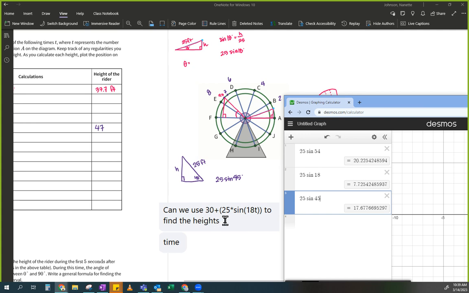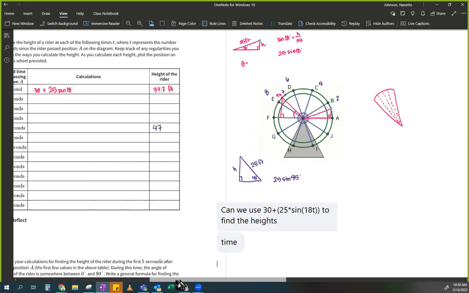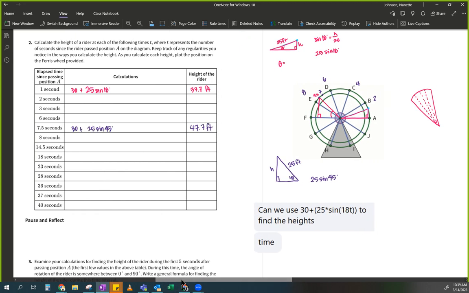So notice we still have 25, we still have 30 plus, that's not new. We still have sine. This 18t is very interesting. So t represents time in seconds. 18 represents what then? What does 18 represent? I feel like I've talked about this number before. What does this 18 represent?